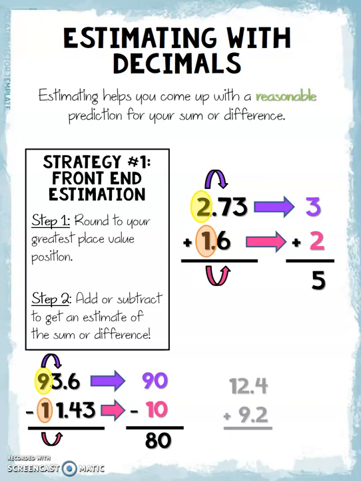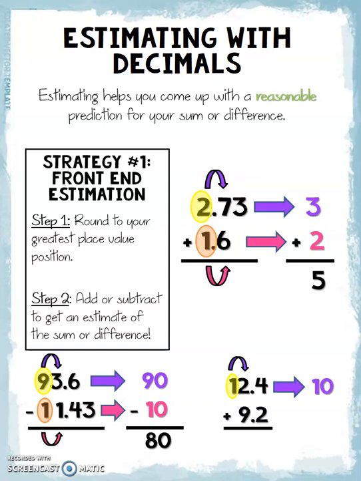Let's take a look at one more. In this example, I have 12 and 4 tenths plus 9 and 2 tenths. This time, in my first number, my greatest place value position is the tens place. So I'll look at the 1, and then I'll use the 2 to help me decide how to round it. Since 2 reminds me to round down, that means 12 and 4 tenths would be rounded to 10.